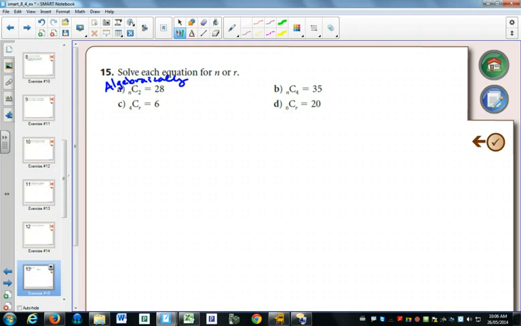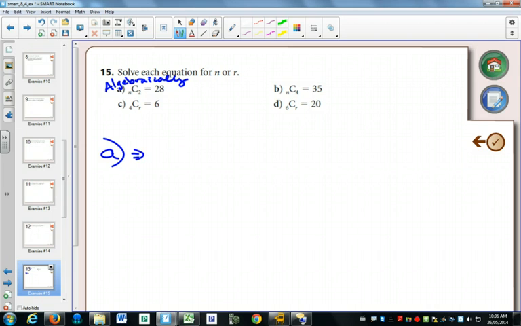Now for A, on an exam, if they gave you A, they would say solve each equation for n algebraically. Then what you would do for A is you'd go to your formula. Your nCr formula is on your formula sheet.